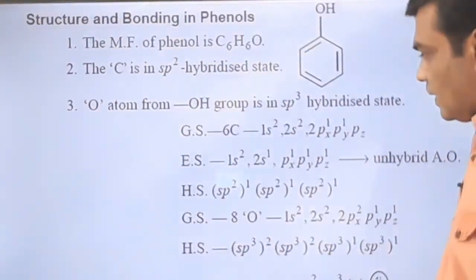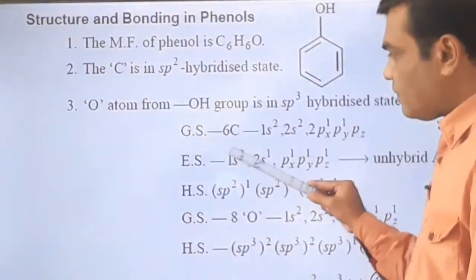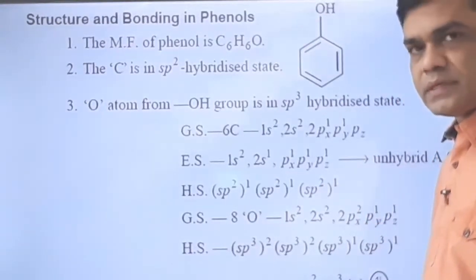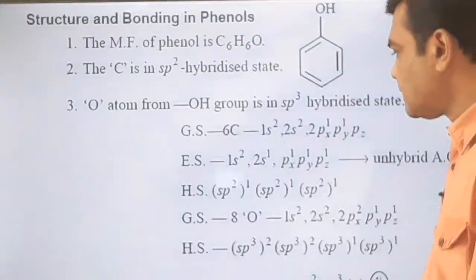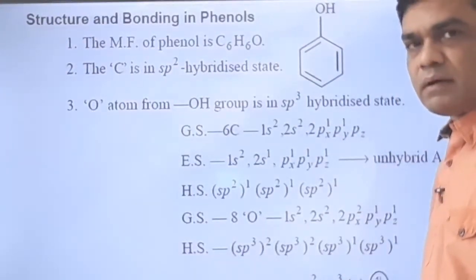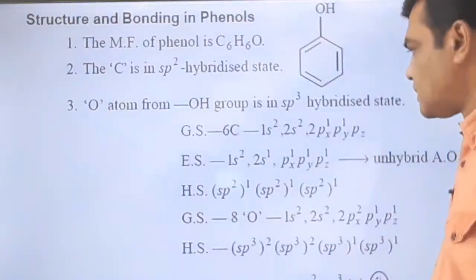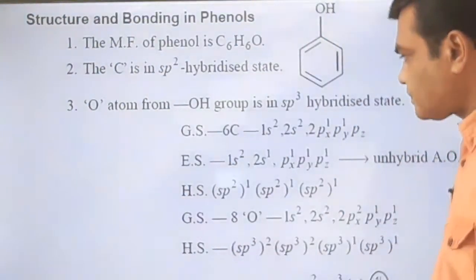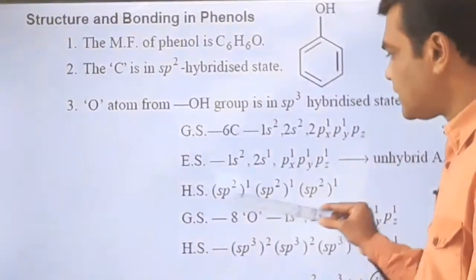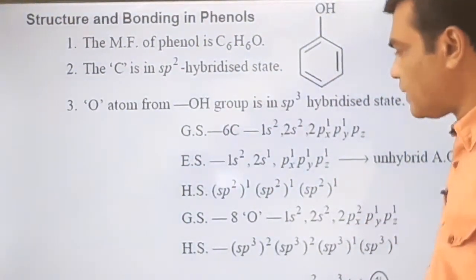The 1s atomic orbital does not take part in the hybridization. Only the outermost orbitals are involved in the process of hybridization, as you know. So 2s, 2px and 2py mix and recast to give 3 sp2 hybrid orbitals.